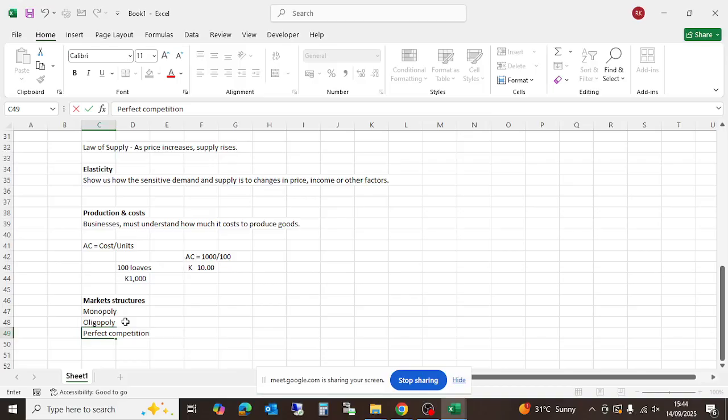We have identical products, and there is no single seller controlling the entire price. An example can be the price of tomatoes at the market. It's the same price. It's not a single person controlling the price. It's practically the demand and supply, or the entire market, controlling the price. It's not an individual or a single business. That's what we call perfect competition.